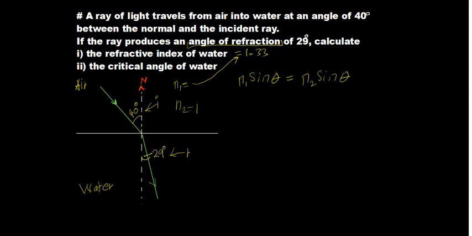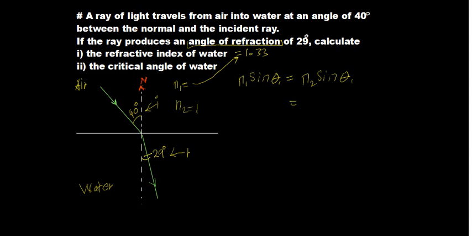So it basically means our n1 is what we already have, and our n2 is 1. Then what about the sine theta and the other sine theta? Of course, this is a 1 and that's a 2 there. So I'll start with the other side of the equal sign.